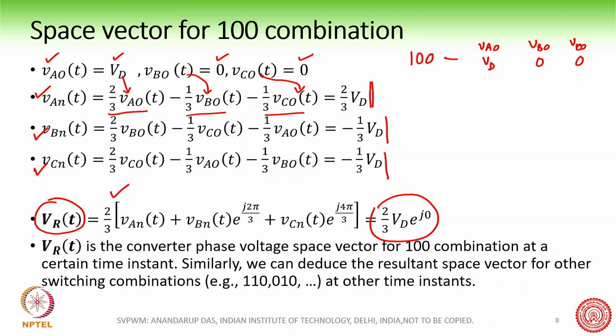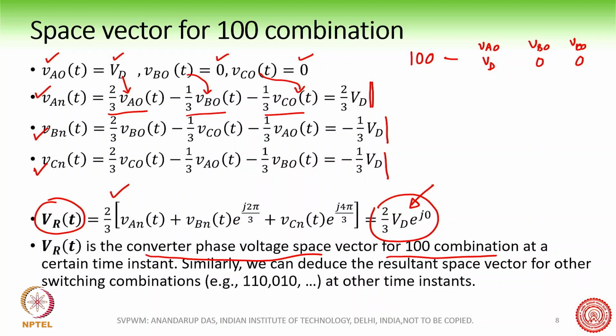So we say that the converter phase voltage space vector for the 100 switching combination of the voltage source converter at a certain time instant will give me this space vector, 2/3 VD at an angle of 0 degree, right?